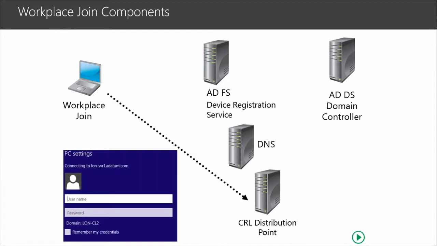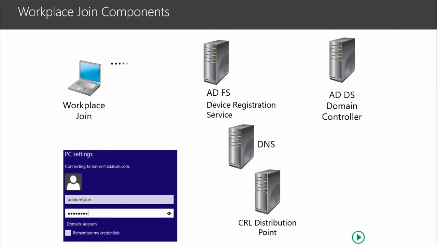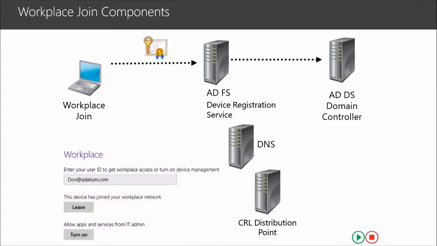Then the Workplace Join computer will double-check the CRL, Certificate Revocation List, make sure that's all good, and then we're also going to go talk to Active Directory Domain Services and register there as well. And we'll be in Active Directory Domain Services in the registered devices container, which we'll see in the demo as well.